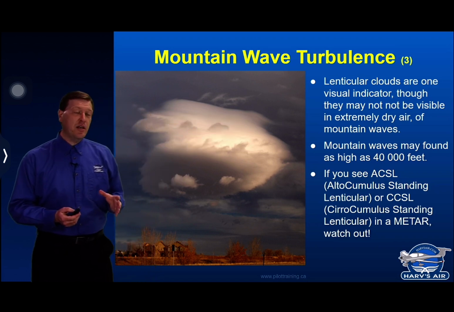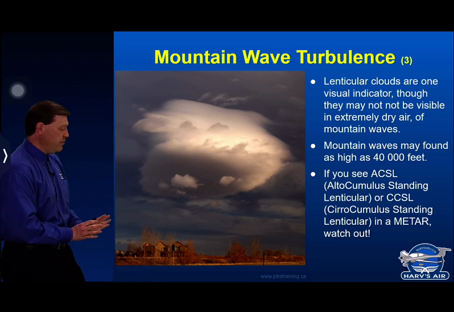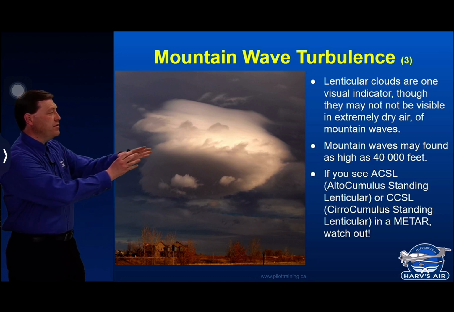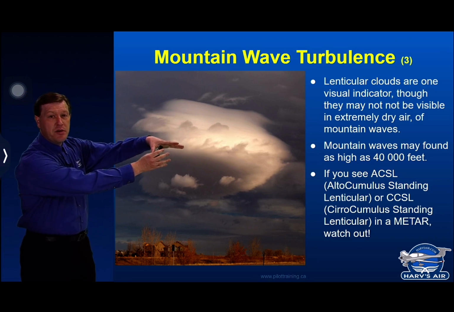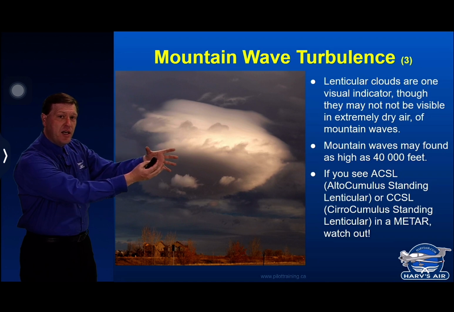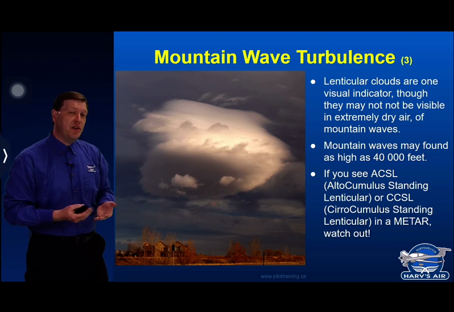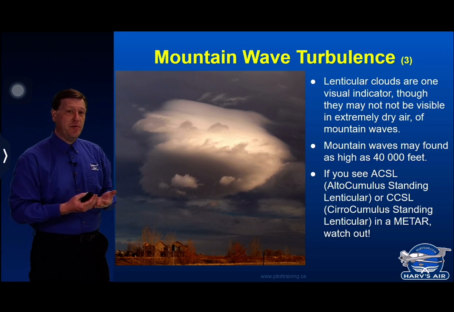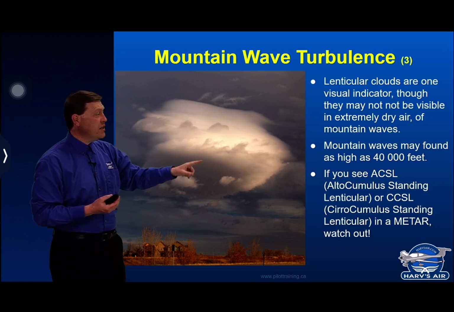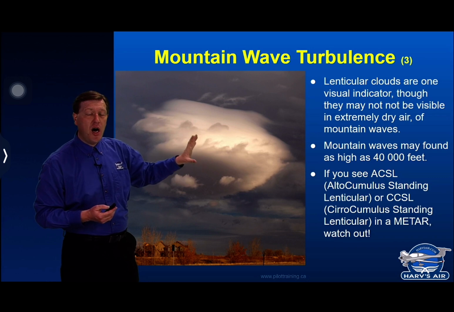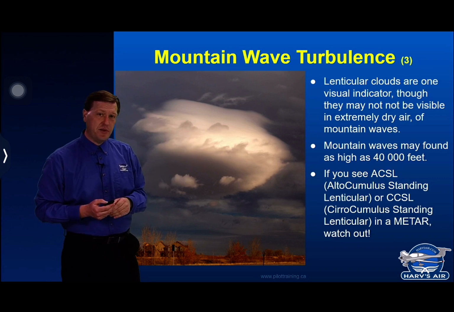What's happening is as this wave moves upwards, remember the air is going to cool and expand, and if I have air in there that's near its dew point, that's going to condense, right? It'll become saturated. So these lenticulars actually show us the top of each wave crest.